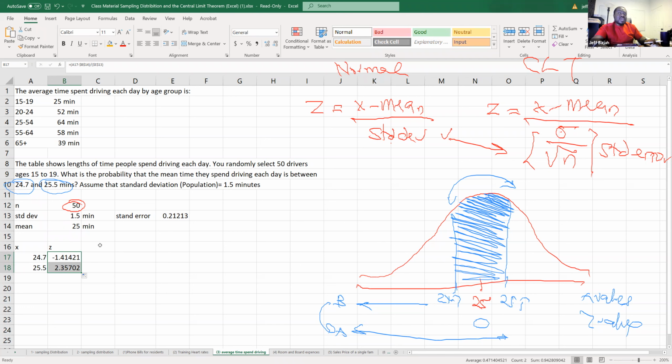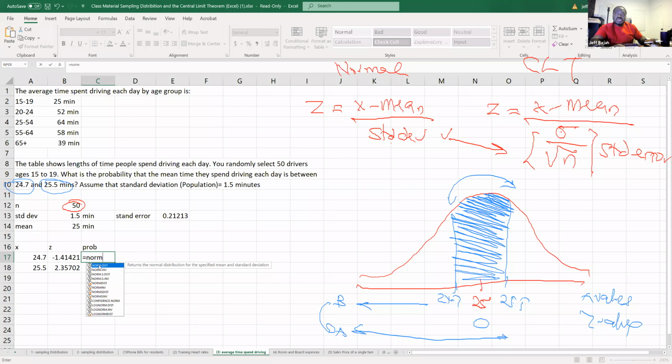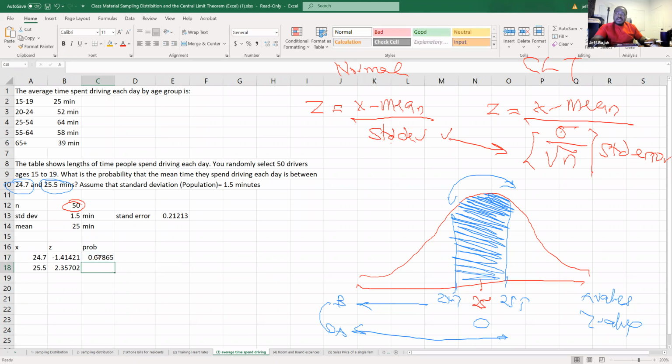So now we have to find our probabilities, right? And so this is just the same thing we've done in the past. So we'll do norm distribution, select this value, 0 and 1. And then we'll find it for that one, and then we'll find it for the second one. Right? So you can see we didn't change anything.